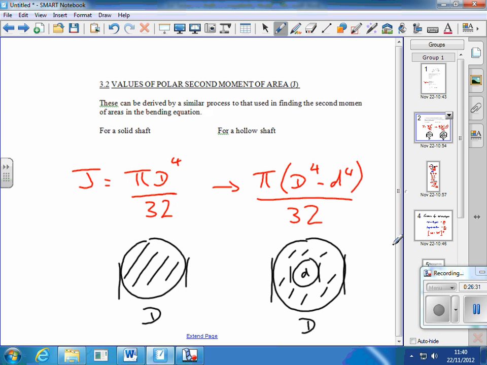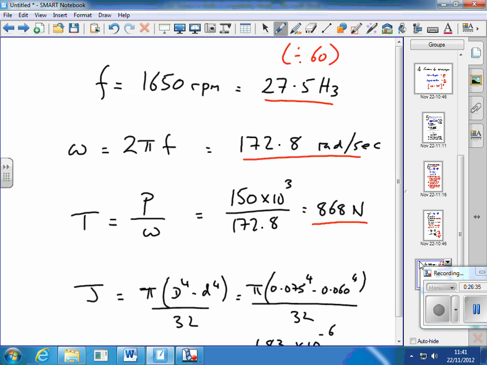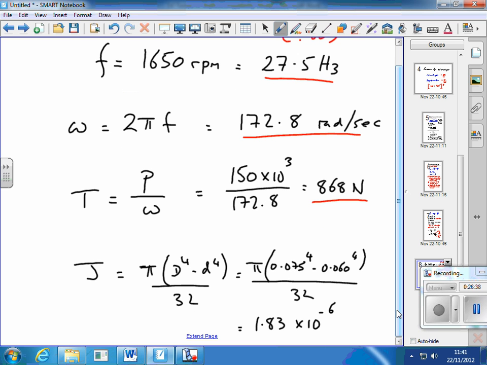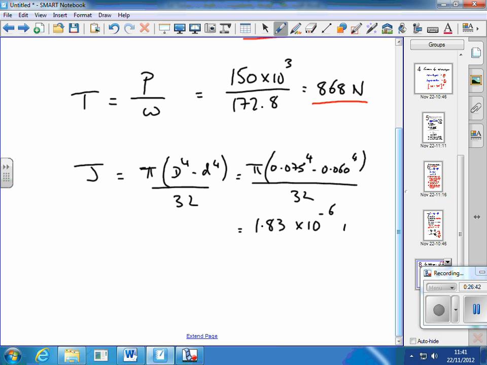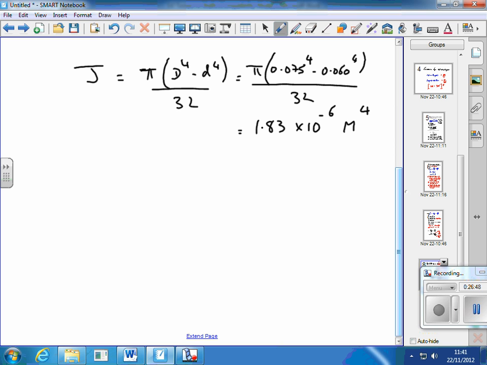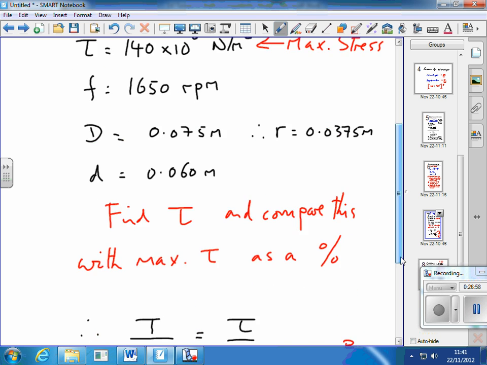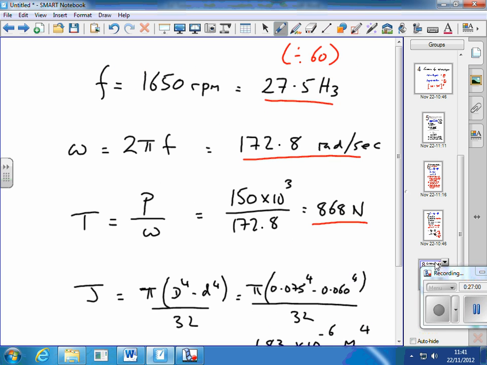Of course it will, meters to the 4, what am I saying? So therefore, tau equals T, what did we say it was? TR over J.